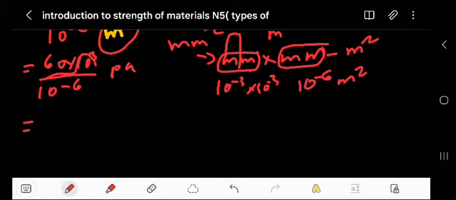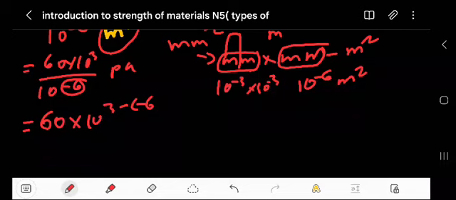You apply the laws of exponents there. As you can see, remember, if you have b to the power of 3 over b to the power of 1, this will be b to the power of 3 minus 1, since the exponents subtract. If you know your mathematics, this is the same as 60 times 10 to the power of 3, then minus, but it already has a minus, so it will be minus 6.